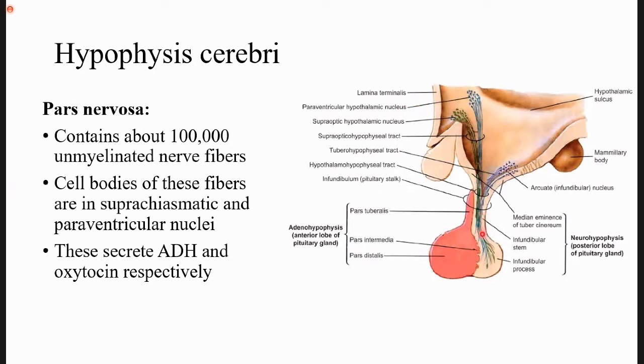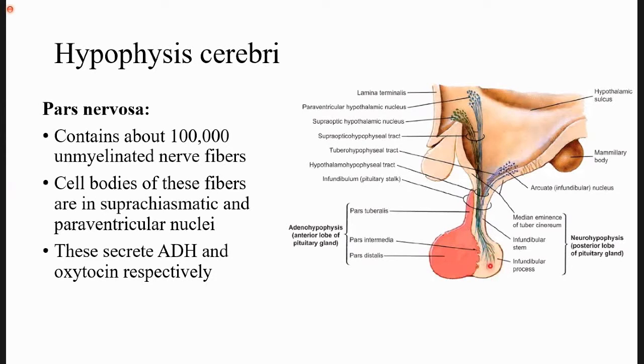They secrete antidiuretic hormone and oxytocin, respectively. These hormones are manufactured in the cell bodies, then released and conveyed via the fibers at a rate of about 3 millimeters per day. They go into the posterior pituitary.